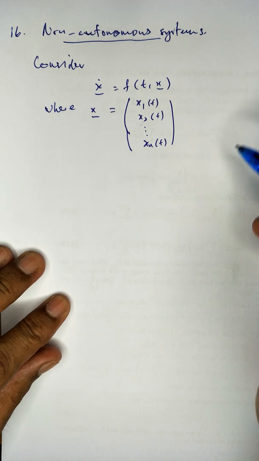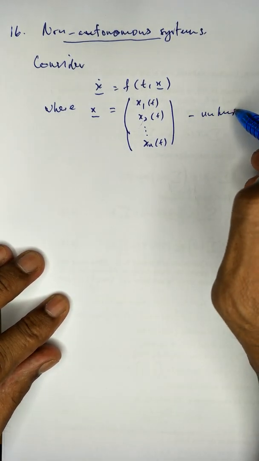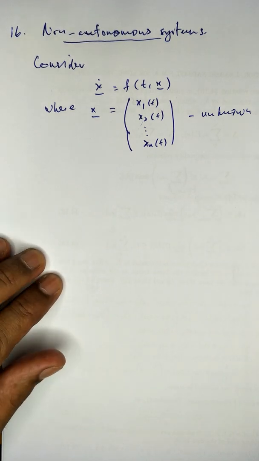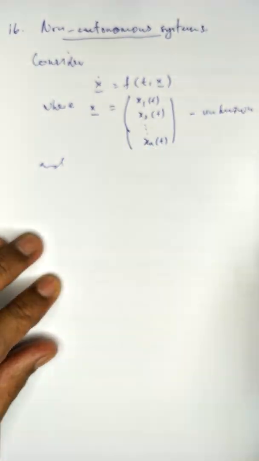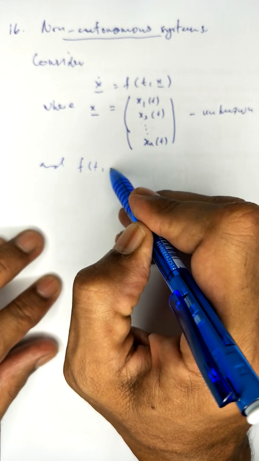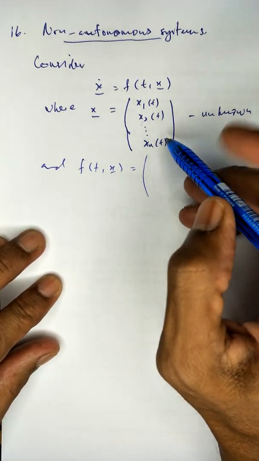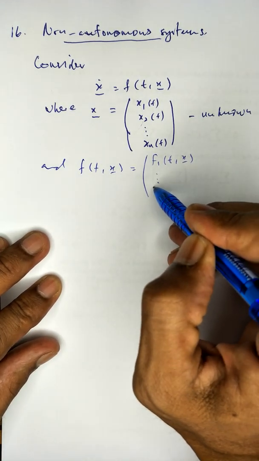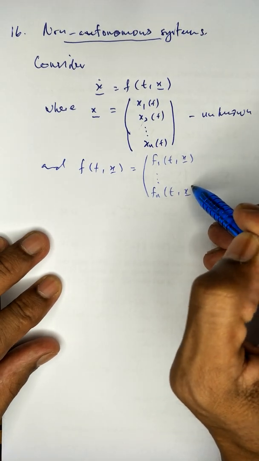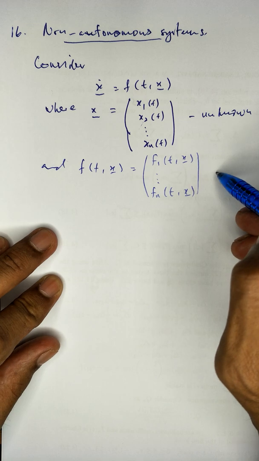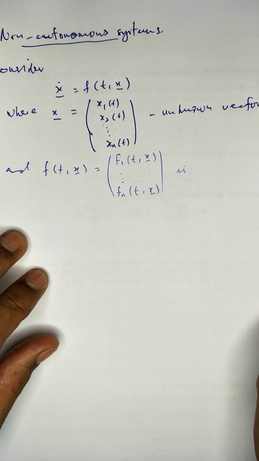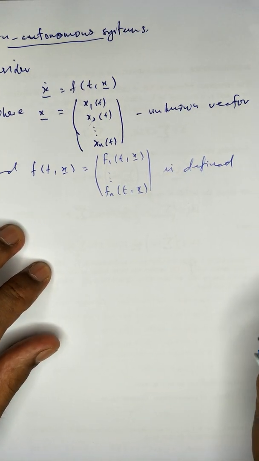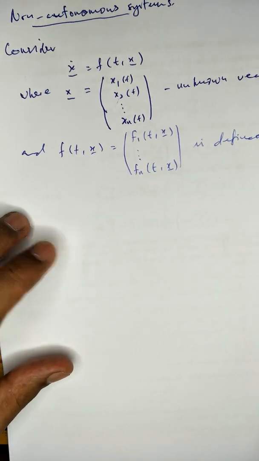This is the unknown vector, and f, with components f1(t, x) up to fn(t, x), is defined and continuous on a region D.